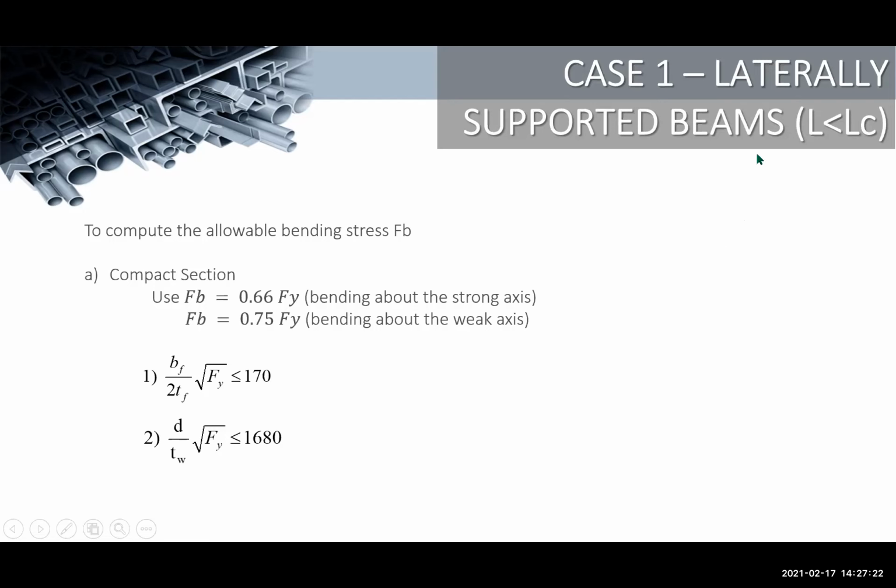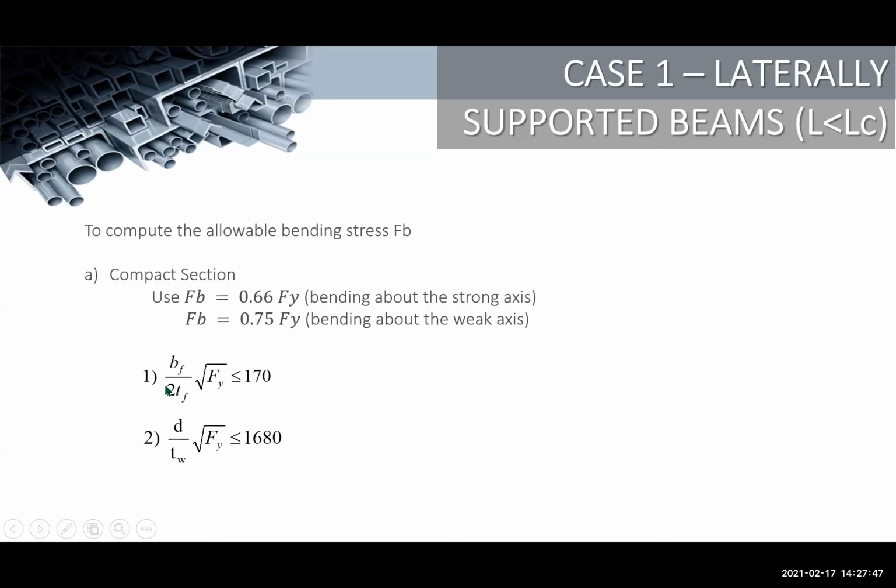So, for compact section, ito daw yung gagamitin natin na equation from NSCP. First, FB or the allowable bending is equal to 0.66 Fy, bending about the strong axis. Please take note, strong axis is the x-axis, weak axis is the y-axis. So yun, 0.75 naman kapag weak axis. So ano yung condition?